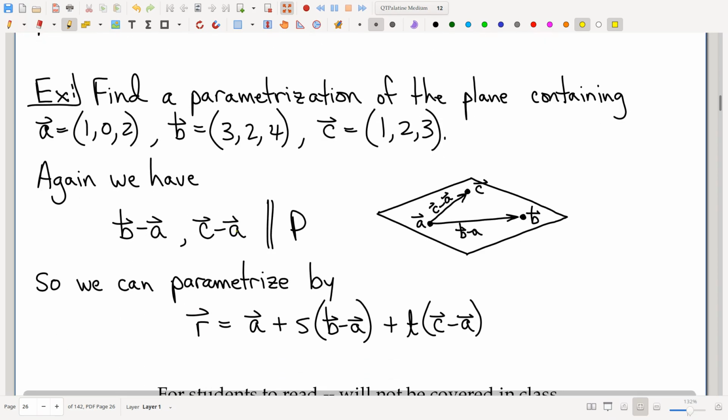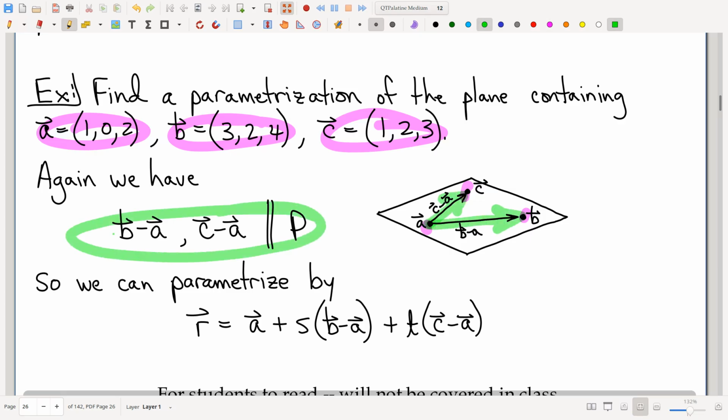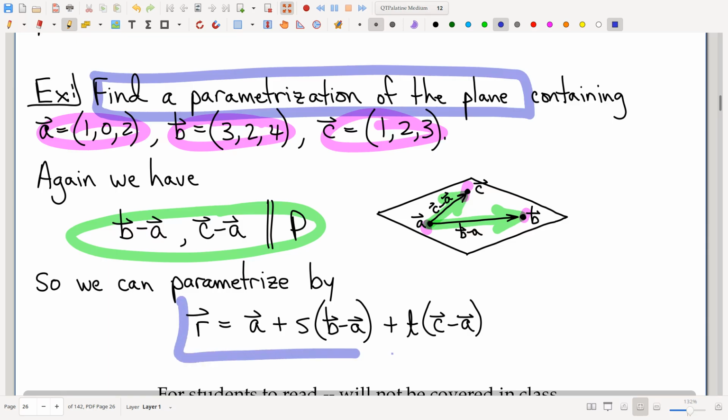So here's a quickie example. This is actually an easy one. We've already seen these 3 points. We've already seen the question of understanding the plane that contains them. We've already seen that you can subtract and get these direction vectors that are parallel to P. And then when you realize that what we're looking for is a parameterization of the plane, you realize that's all we needed.